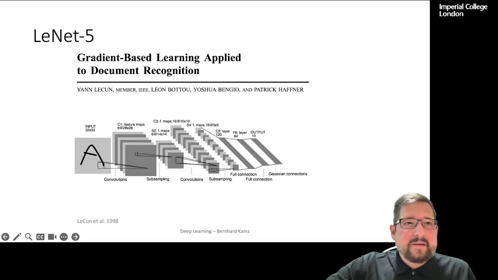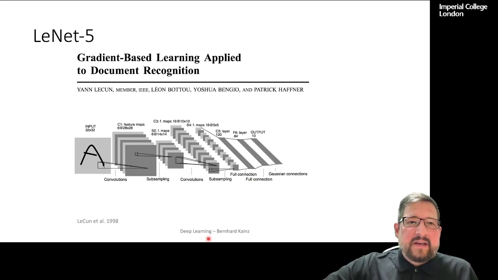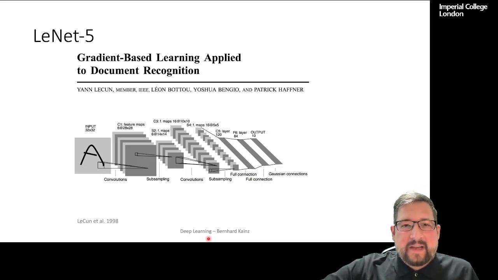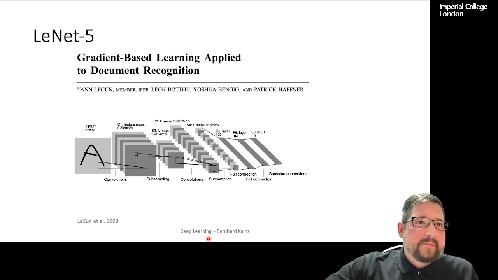So let's look a little bit at the architecture here. LeNet was initially really designed for low resolution black and white image recognition, specifically for digital handwritten digits. The input to the network is basically just a 32 by 32 pixel grayscale image, like here.